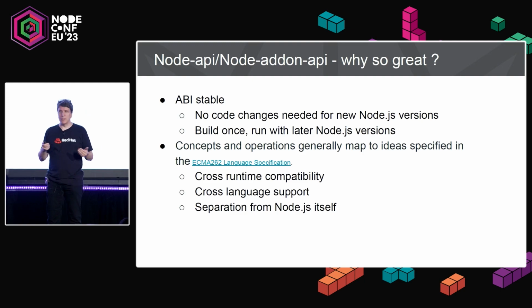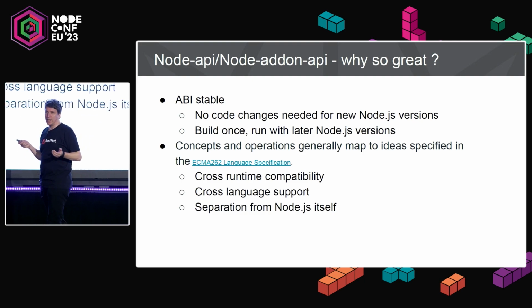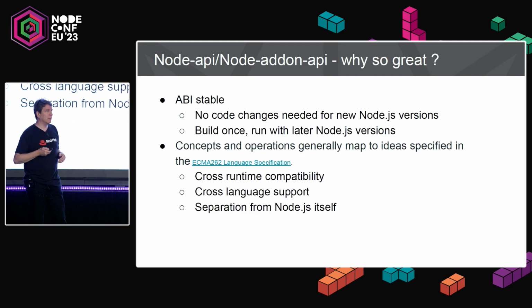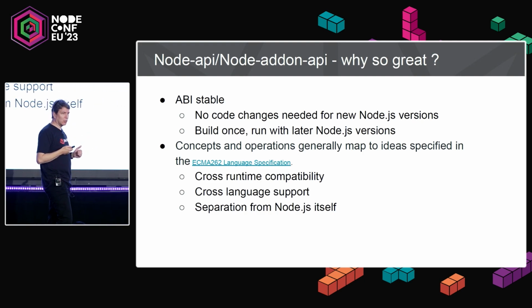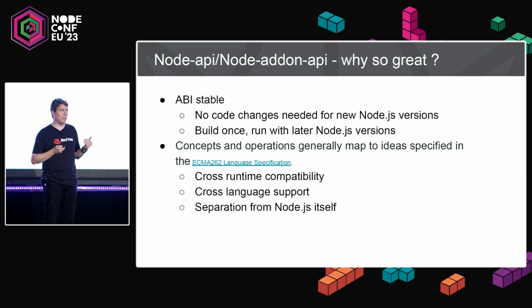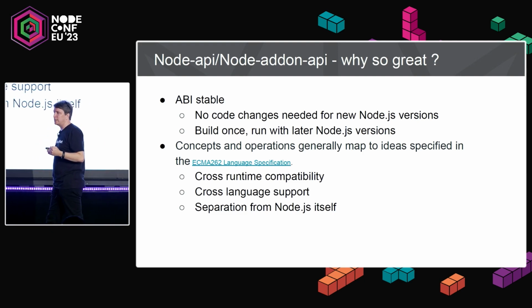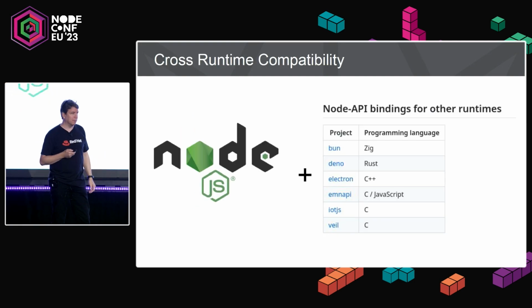The other thing that the implementation has allowed is cross-language support, and I'll show you a little bit later that you can now write add-ons in languages other than C and C++, which I think is a really great thing. And it's also nice in that we've been working on separating Node-API from Node.js itself, so that if you want to build add-ons, you don't necessarily have to install Node and use it.